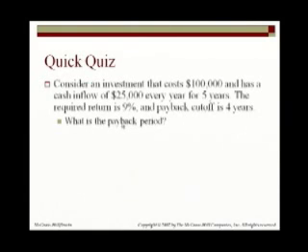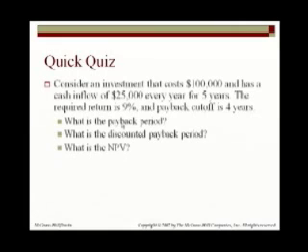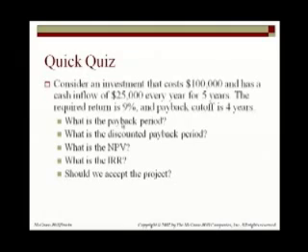What's the payback period? What's the discounted payback? What's the net present value? What's the internal rate of return? What you probably can't calculate from this is the average accounting return, because we are not given in this example any book numbers. But the question, should we accept the project, is a thinly disguised question about which of those four methods is best.